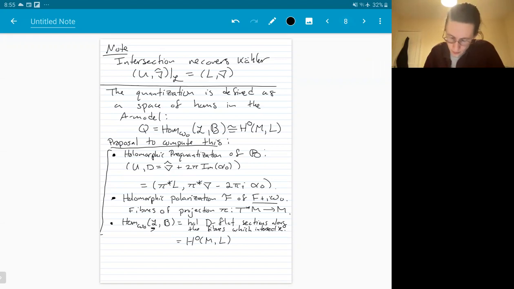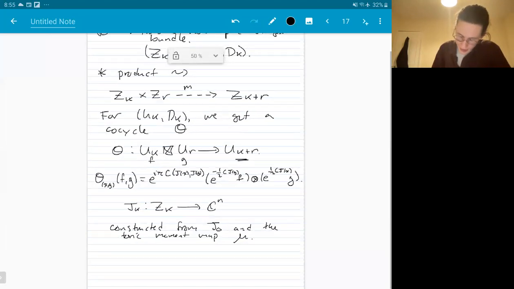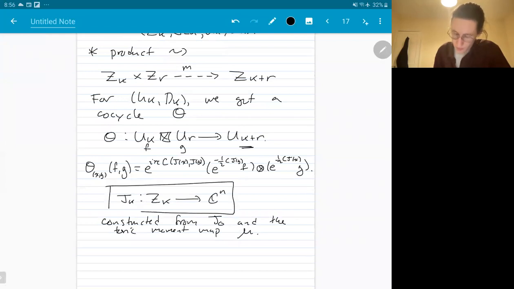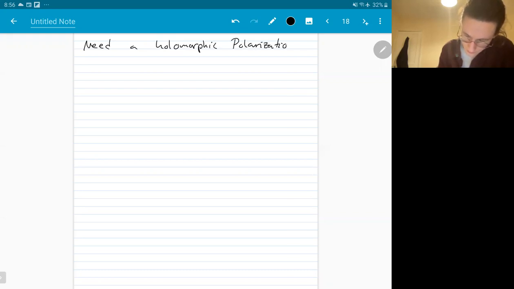So in this case, we're not going to use the fibers. We're going to use a different holomorphic polarization, and it's going to be given exactly by these moment maps J. So we need a holomorphic polarization compatible with the product structure.